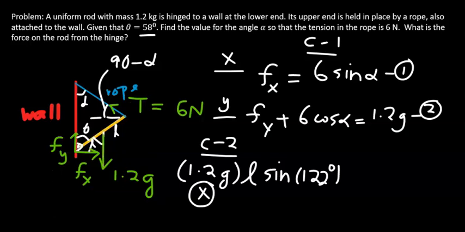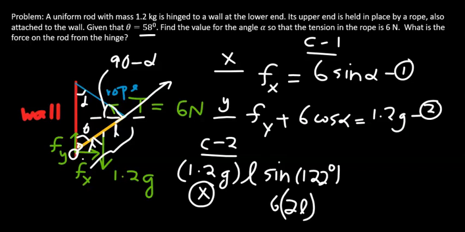The next term is torque due to that tension. So that's going to be the tension, which is 6 newtons. The distance from the axis of rotation, which is here, is the entire length, which is 2L. So 6 times 2L times sine of the angle between the moment arm, which is going in that direction, and the tension, which is going in this direction.